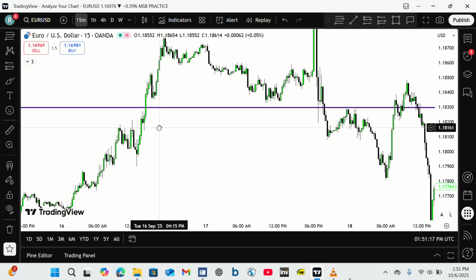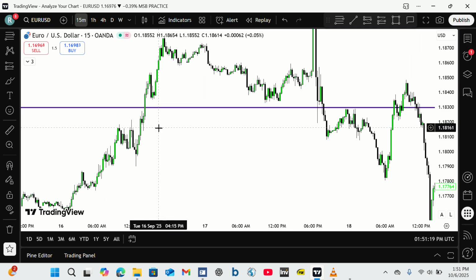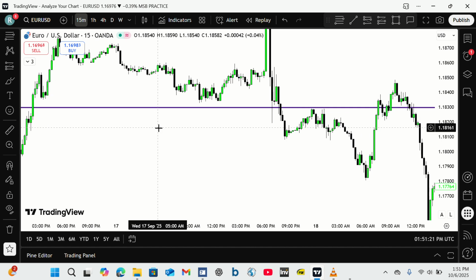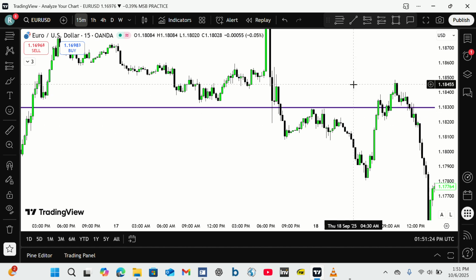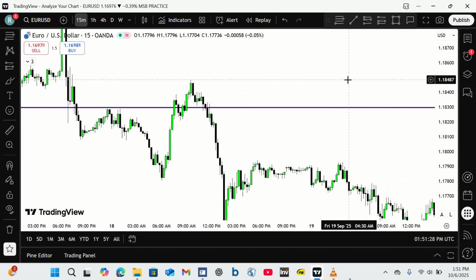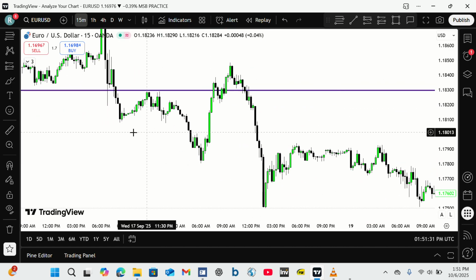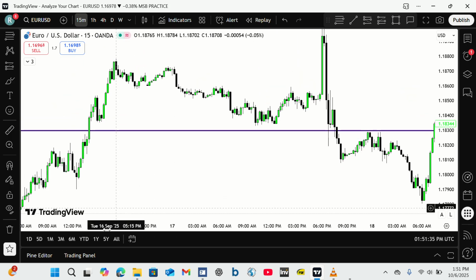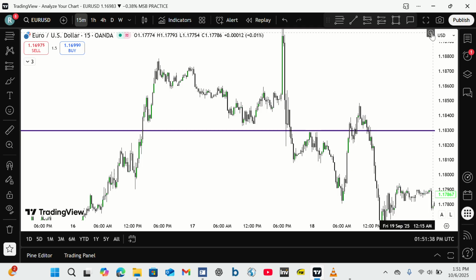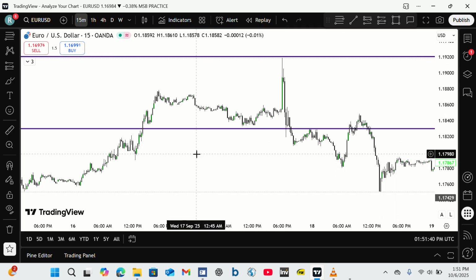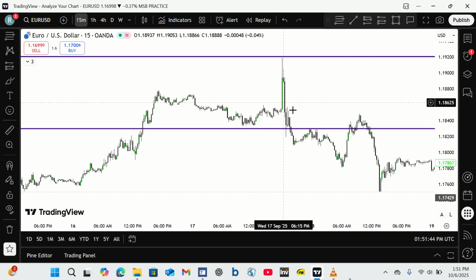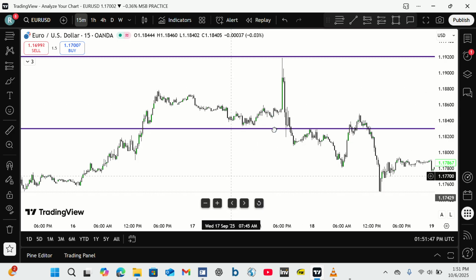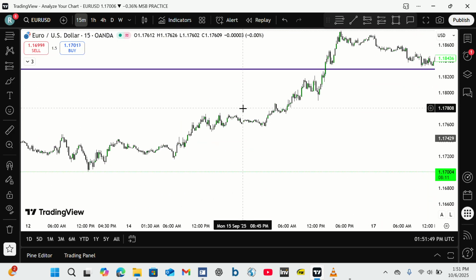And that brings me to the next one, which is support and resistance or the key levels. When I was learning retail stuff, and by retail I mean the normal trend lines, I used to understand support and resistance as just areas or levels where price has reacted or rejected.